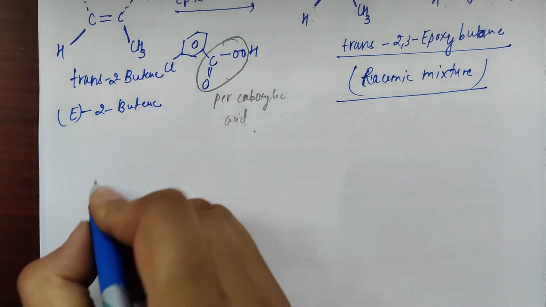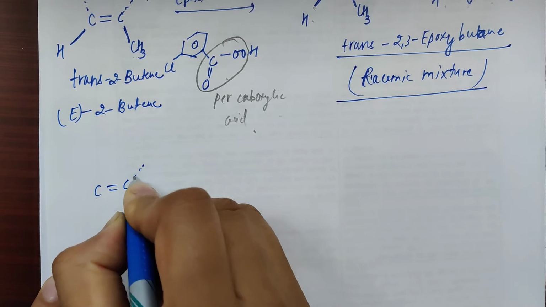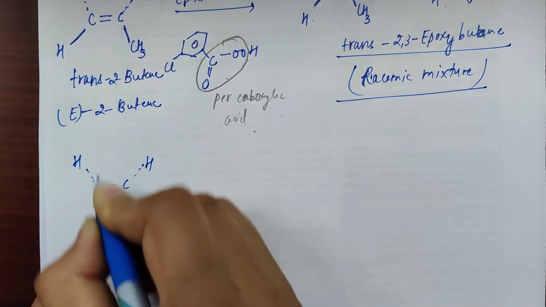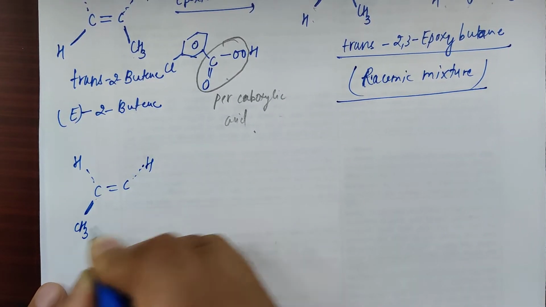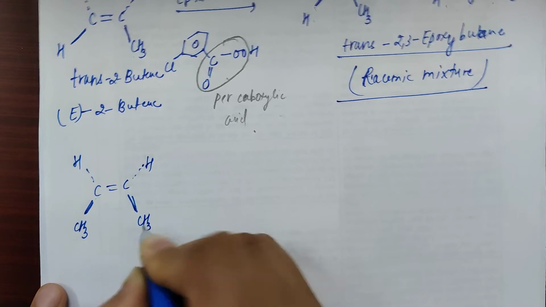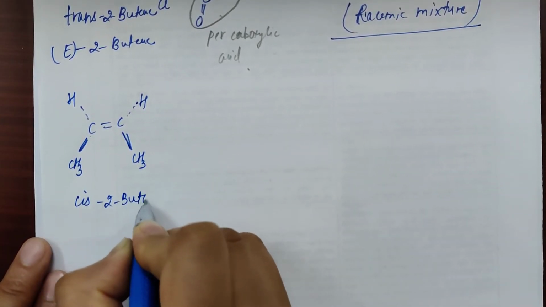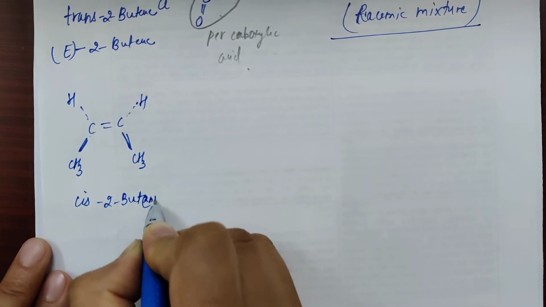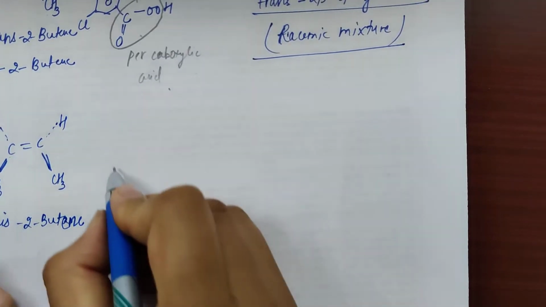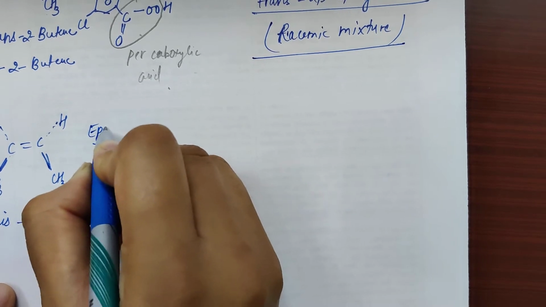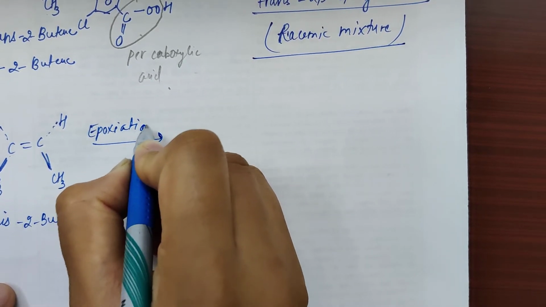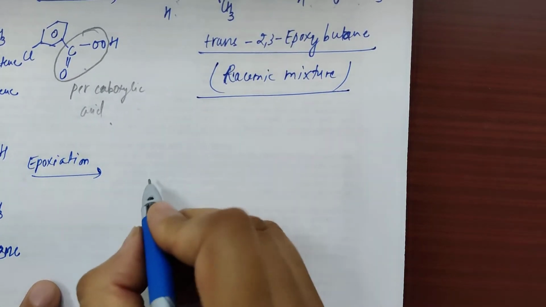But similarly, if we see the cis analog of the same compound, cis-2-butene, epoxidation is performed. Similar kind of reaction conditions you have to provide.